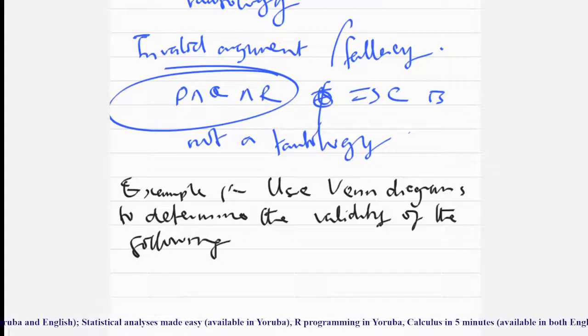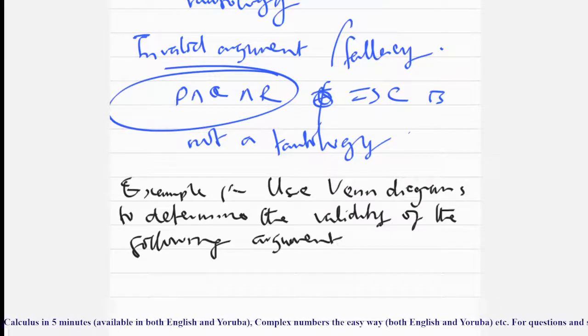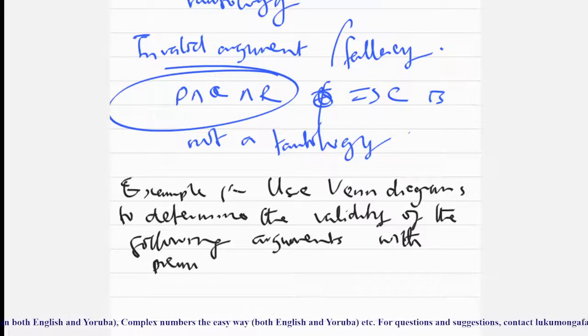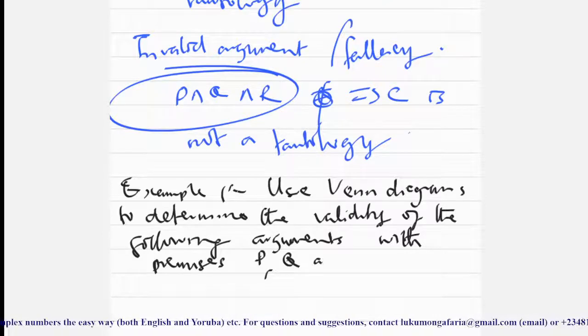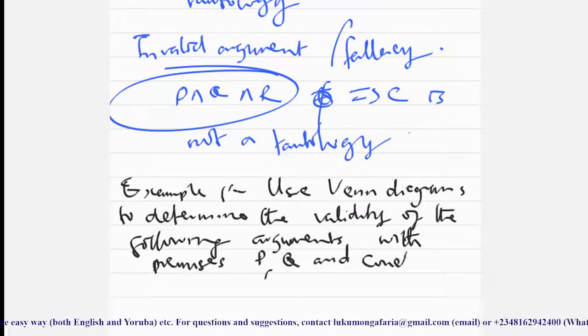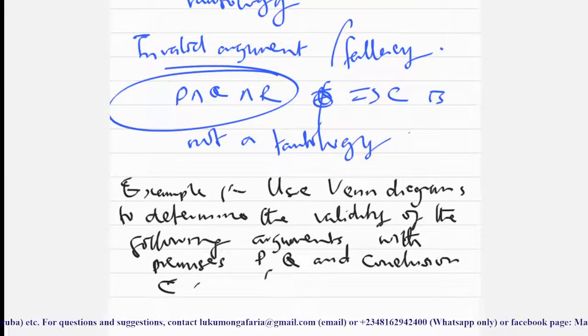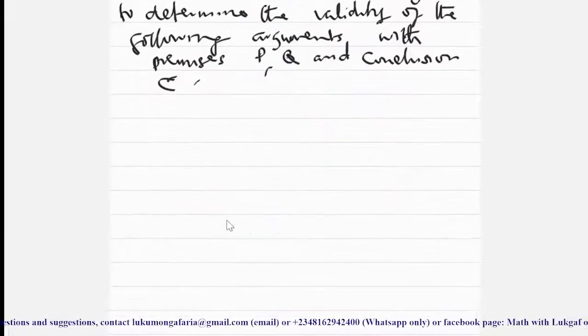That is, if the conjunction of all your propositions is true, then you have your conclusion to also be true. Valid argument with premises, and your premises are maybe you have P, Q, and you have conclusion C. Let me change my marker so that you get it very well.